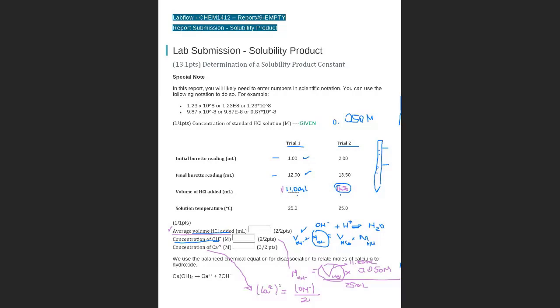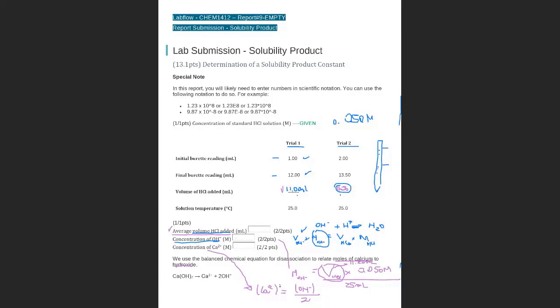You can use even this equation, and then it says we use the balanced chemical equation for dissociation to relate the moles of calcium to hydroxide. And that's how we got that the concentration of calcium is half the concentration of hydroxide ions.